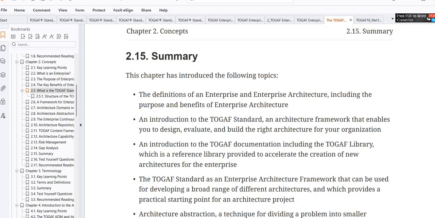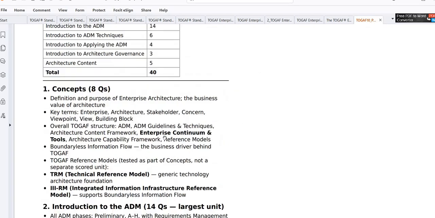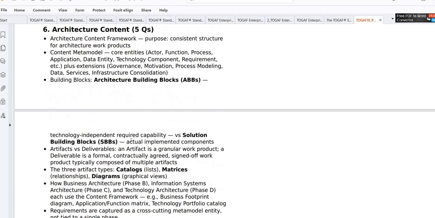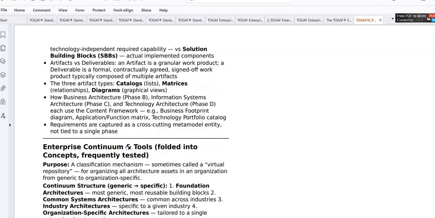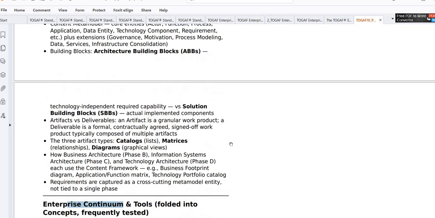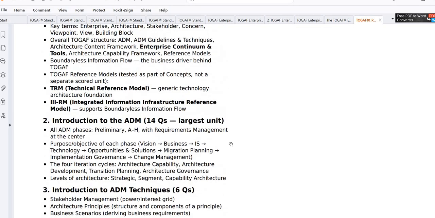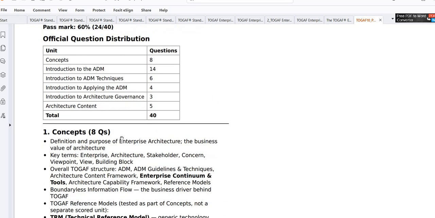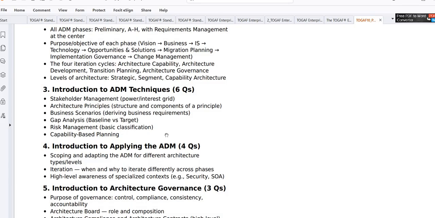Now coming back to our syllabus, we discussed this main concept, the enterprise reference framework, and a few topics here: the enterprise continuum and tools. In the next part I am going to cover different concepts which are similar, and a few topics I will take in the next video.